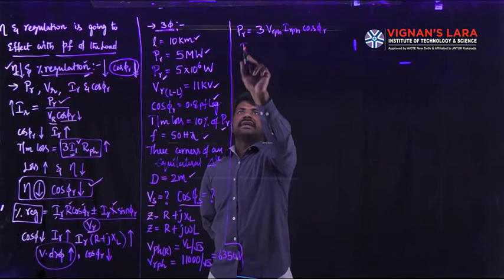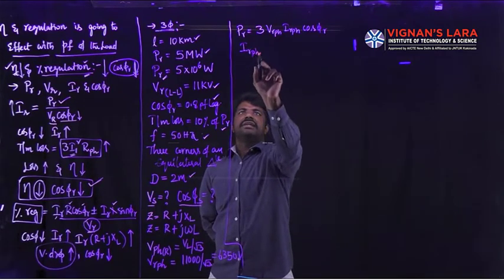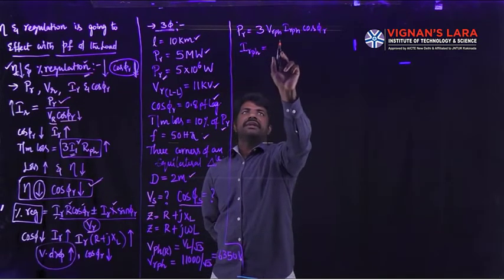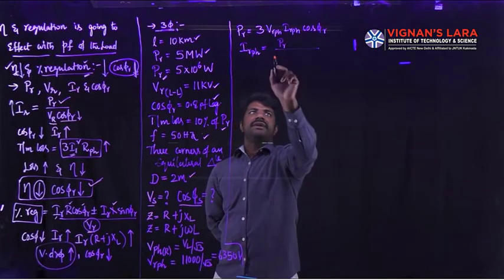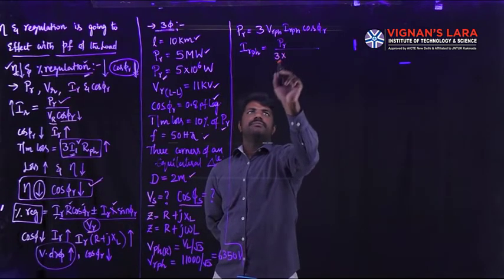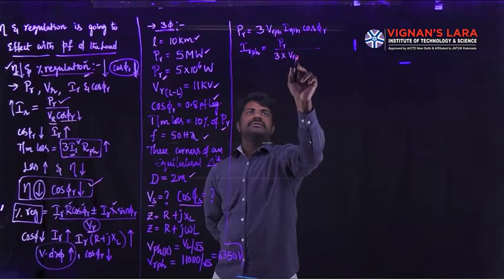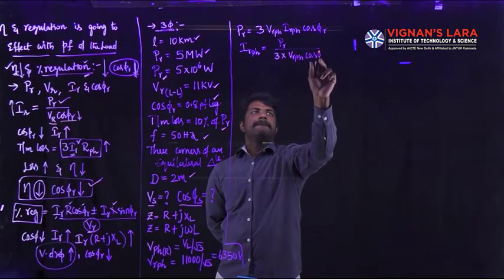From this, the current in the short transmission line per phase value can be written as the 3-phase power divided by 3 into VR phase cos phi R.